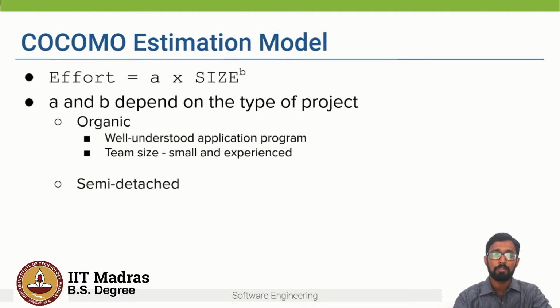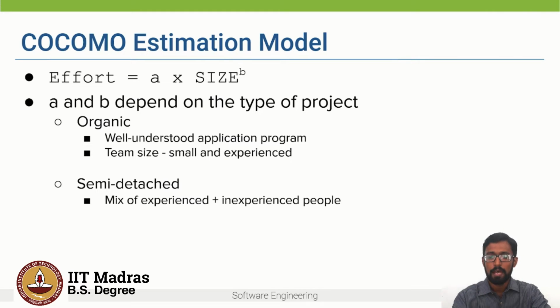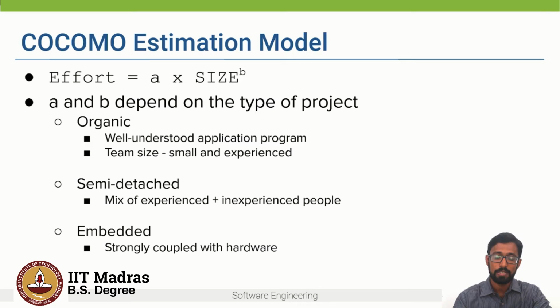Another type of project can be a semi-detached project, which has a mix of both experienced and inexperienced people, and they might have some limited experience building related systems. And the third type of project is an embedded project, where the project is strongly coupled with hardware, and the team size also might be large, and there might be many inexperienced people.